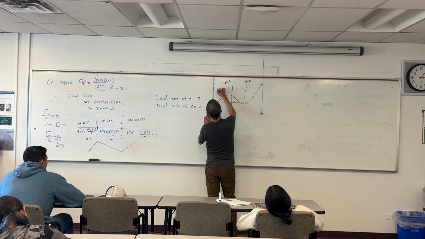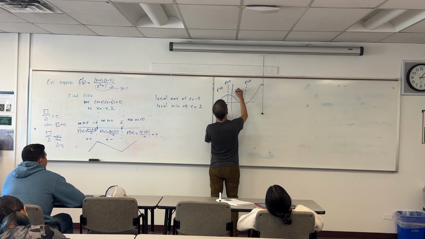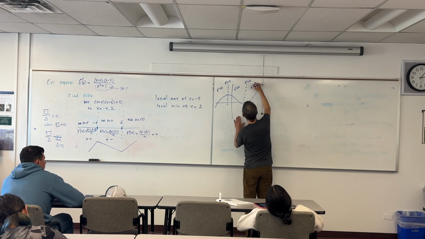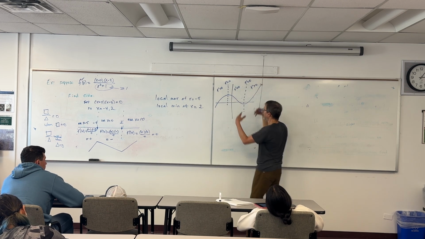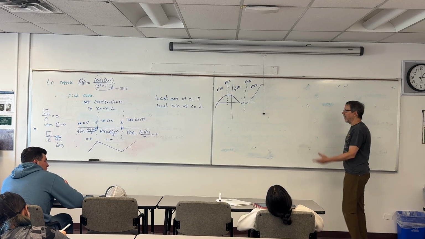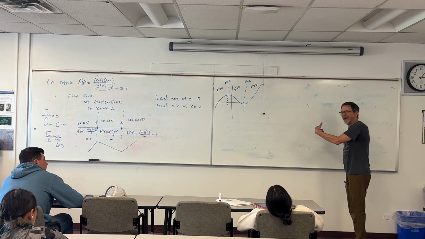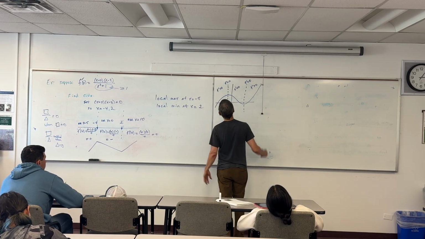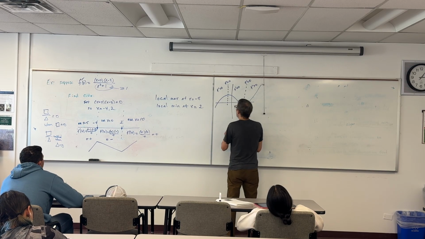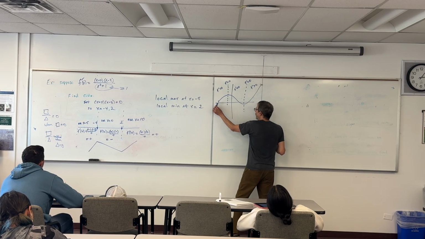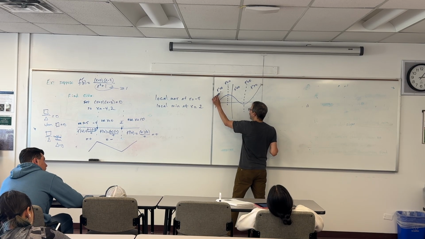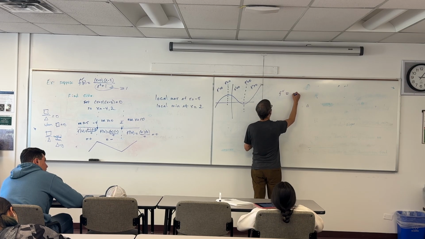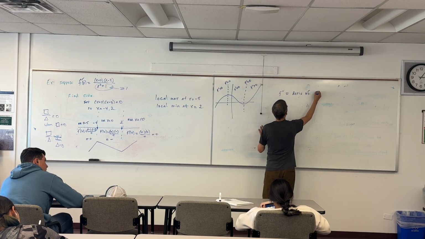F prime is positive here. F prime is negative in the middle. And then f prime is positive over here. So just really simple. I already knew that I had a max and a min. I'm not gaining any new info, just thinking about it backwards. The second derivative is the change in the first derivative. So just remember that f double prime equals the derivative of f prime.